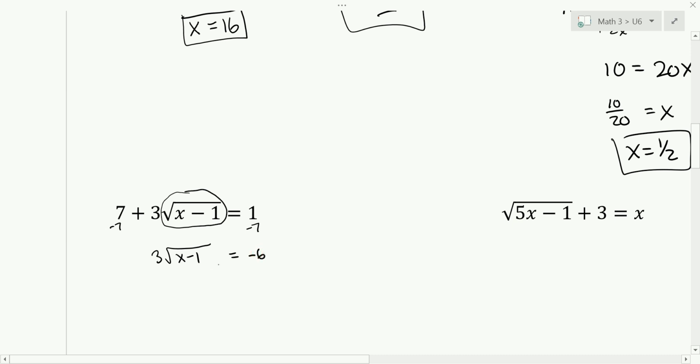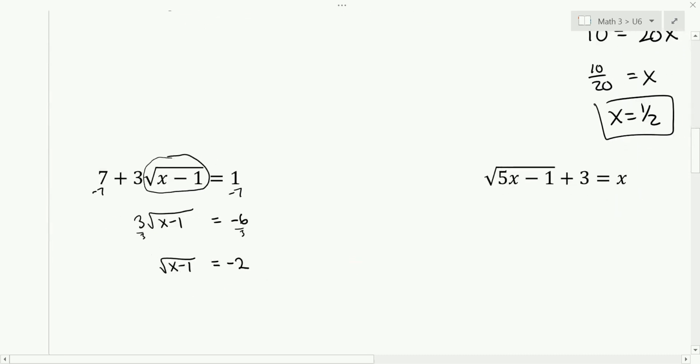And then divide by 3. And you get the square root of x minus 1 is negative 2. So that's step 1. Step 2, you square both sides. And you end up with x minus 1 is positive 4.